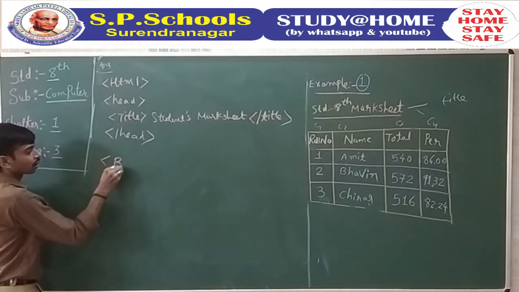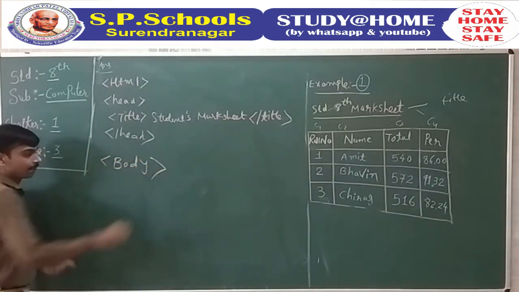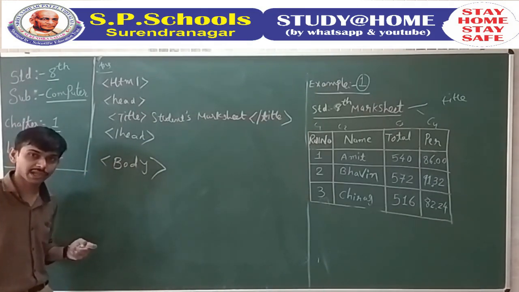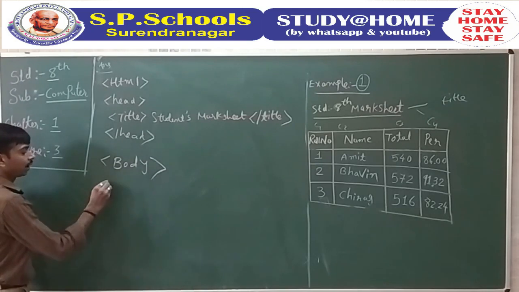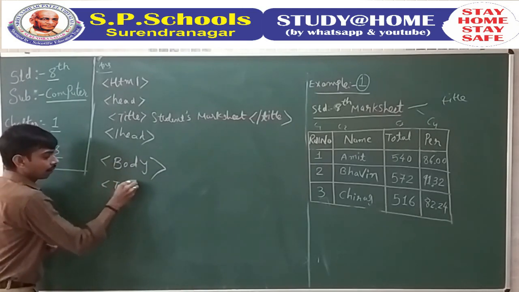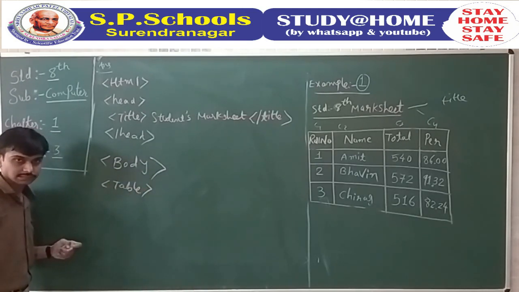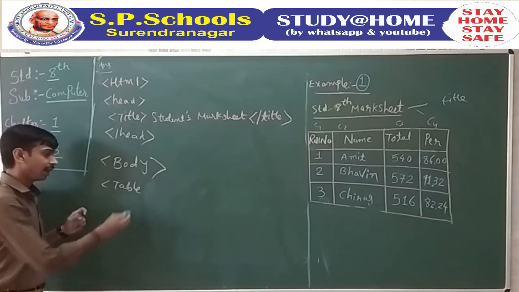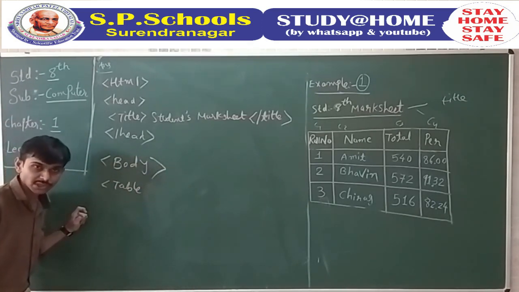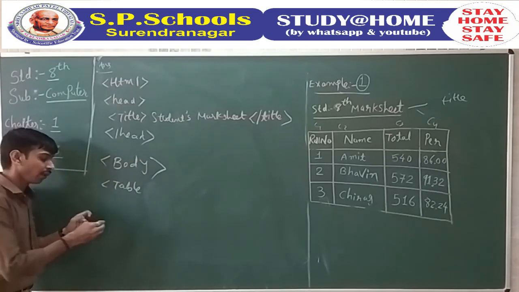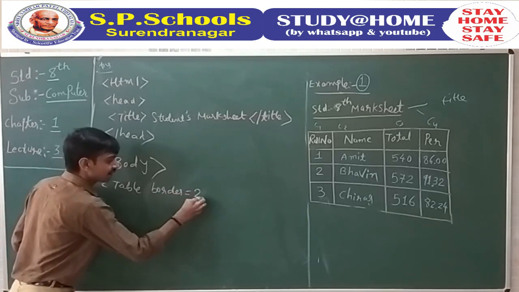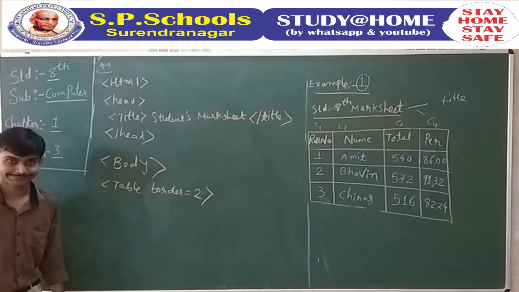Then we move towards the body tag. In the body tag, here we can create a table tag. For creating the table tag, here we can give attributes for our table. For example, table border is equal to 2.